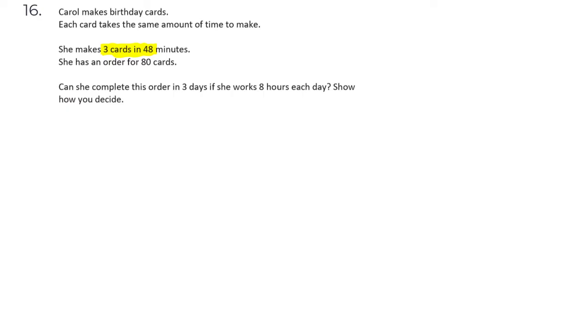Okay, so up here we know that she can create 3 cards in 48 minutes. So from that we should be able to work out how long it takes to make 1 card. So if 3 cards are in 48 minutes, then 1 card equals 48 divided by 3, which is 16, isn't it? 16 minutes per card. Okay, and we know she has orders for 80 cards.